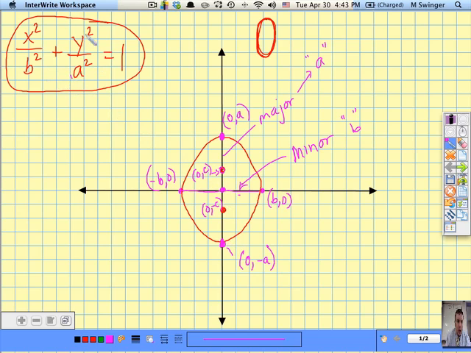So this equation you use when the major axis is vertical, up and down.